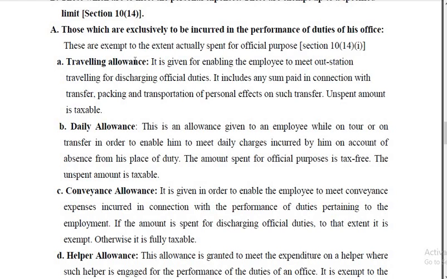Traveling allowance. So what does traveling allowance mean? It is given to enable the employee to meet outstation traveling for discharging official duties. He may have to leave the place of his basic work and travel. In that case, the traveling expenses he incurs for discharging official duties are covered.